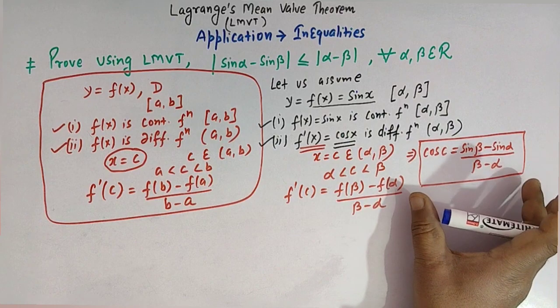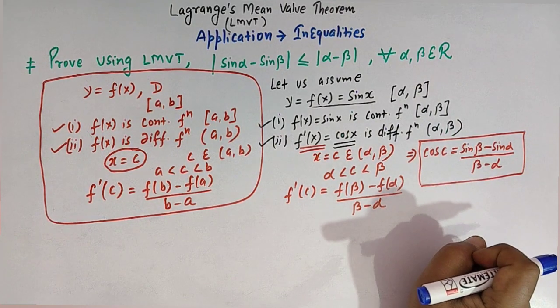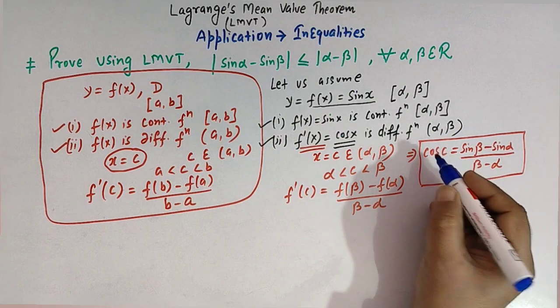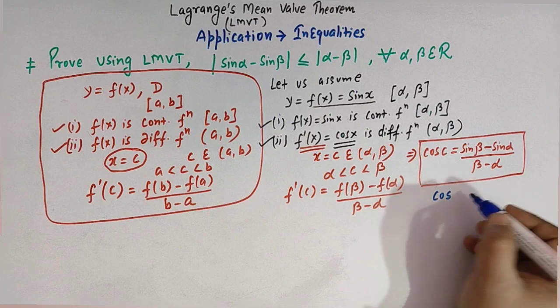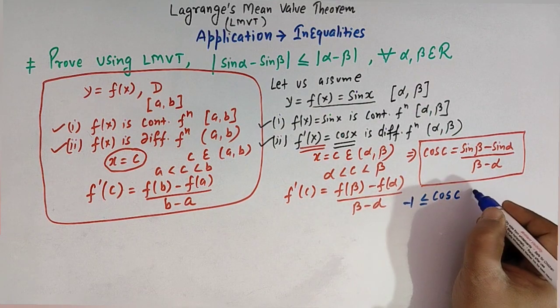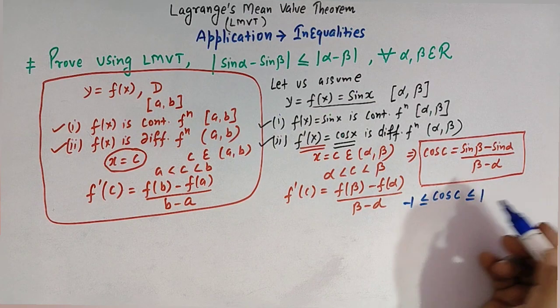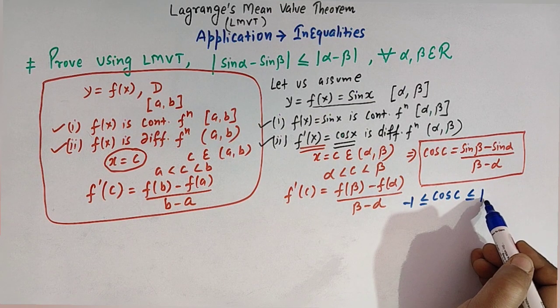So now at this point, let us take the help of trigonometry, right? Now see, we know that the cosine function lies between minus 1 and 1, right? Because the range of cosine function is from minus 1 to 1, right?